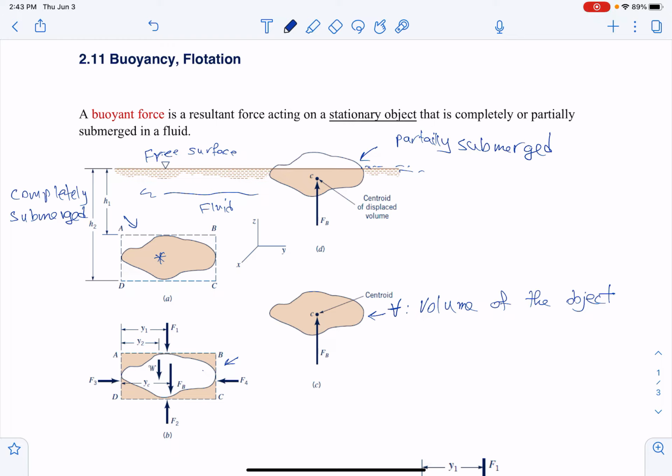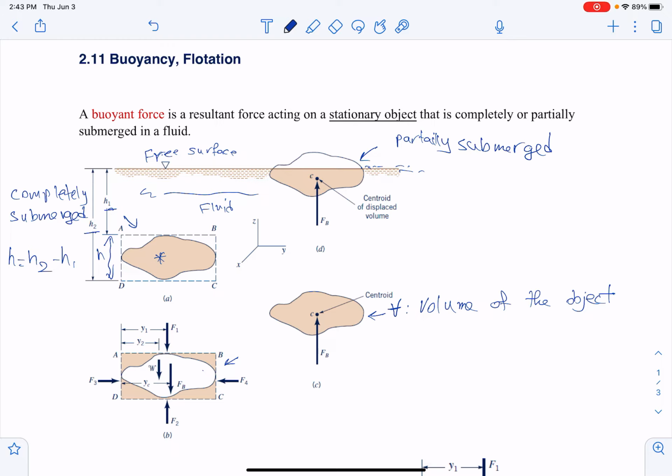Let's also look here: we have h1 here, h2 here, and this height is going to be h. So h is going to be h2 minus h1. We're going to include the body in a parallelepiped and then draw a free body diagram of the parallelepiped with the body removed.